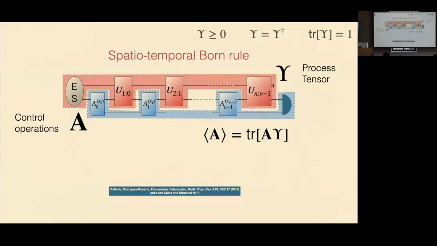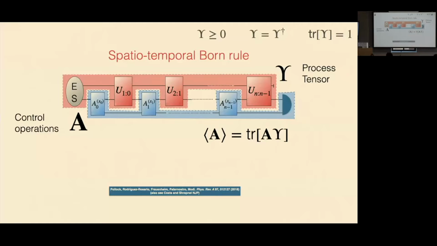A, if it's an instrument or if it's a sequence of measurements, is also a positive object, but it's a trace non-increasing object. But A could be more general. It could be an observable. It could be a bunch of sigma z operators, right? You might be measuring sigma z expectation values over and over and over, or something like that. That need not be a positive object.